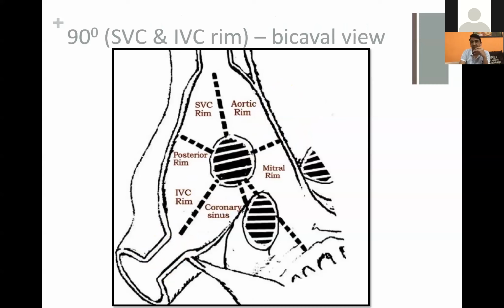Again, the same for 90 degrees, we do this. And as I was mentioning, since the planes are different, here we need a little more right and left rotation so that we can see the SVC and IVC in their proper manner, rather than missing out or mistakenly thinking some other tissue is the IVC rim.